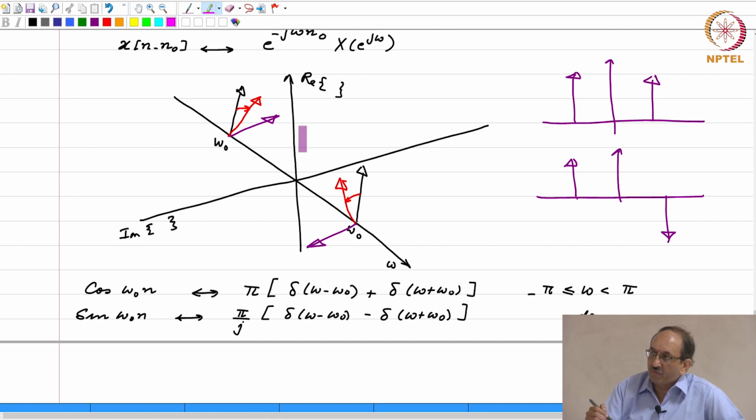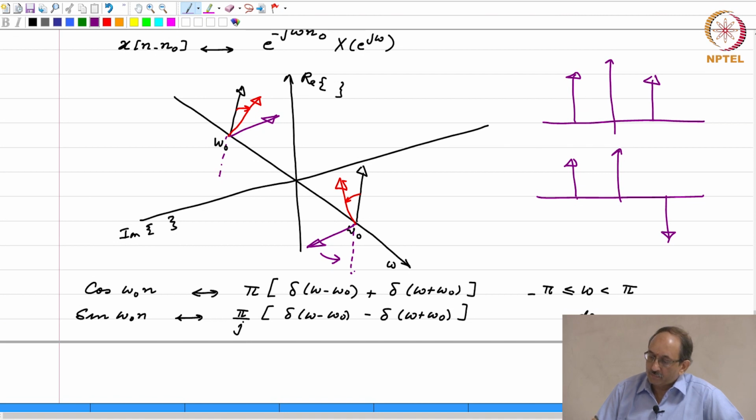Now if you keep shifting further, this sine will become minus cosine. Therefore, what will happen is this keeps further rotating and the impulses will be completely pointing downwards.